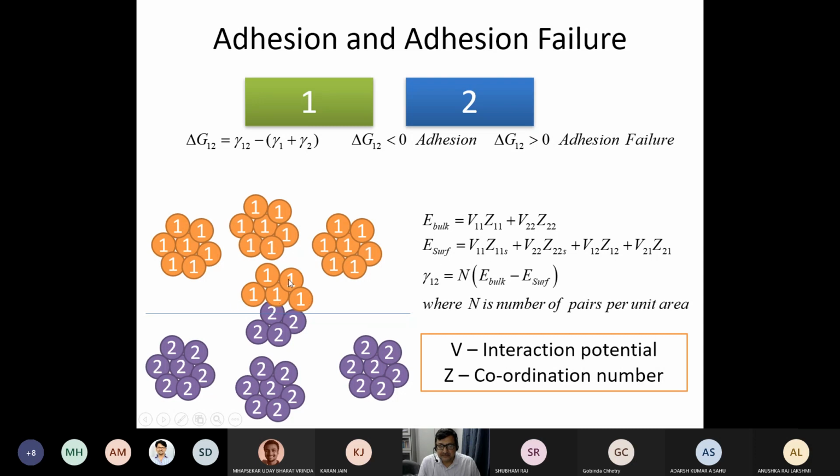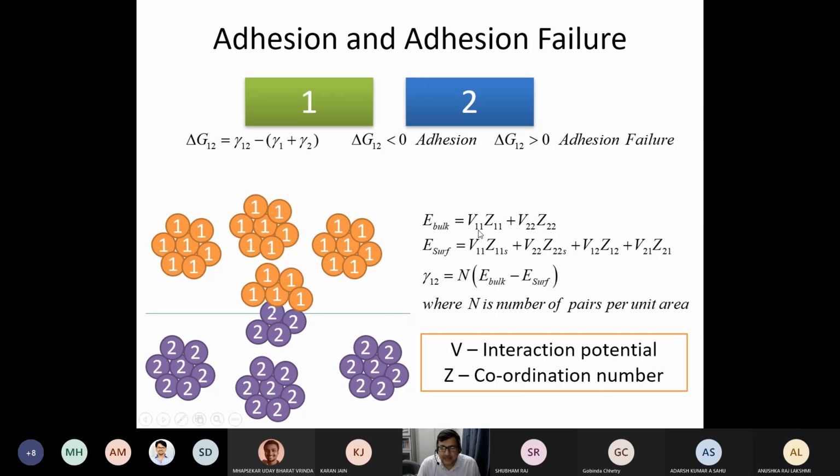So V11, Z11S you have 4, and then V22, Z22S you have this. Then you have V12, with 1 and 2 pairs, and then 2 and 1 pairs. So this is that component. This is the total surface energy when you have brought them together.